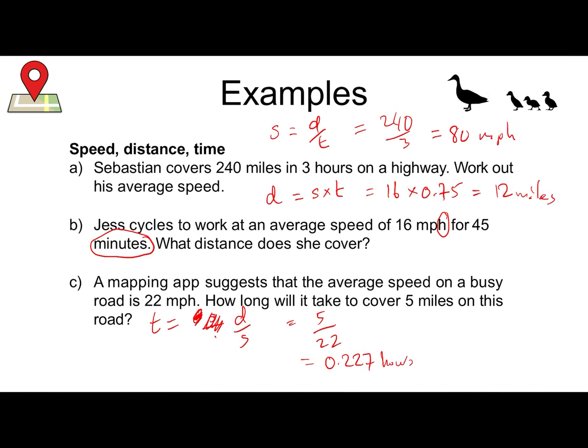But it would be very weird for you to write an answer like that, 0.227 hours. We're going to try and convert that into minutes. So to convert that into minutes, I will times it by 60. So that's equal to 13.63 minutes. And again, it would be weird to write that. So we're going to convert that 0.63 into seconds. So we're going to get 13 minutes, and there are 60 seconds in a minute, so 0.63 times 60 equals 37.8 seconds.